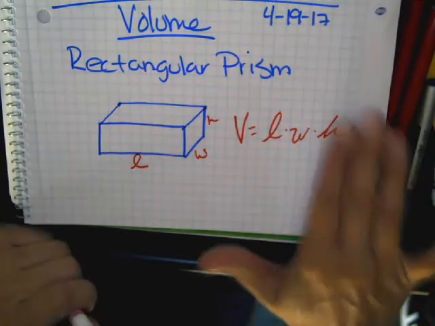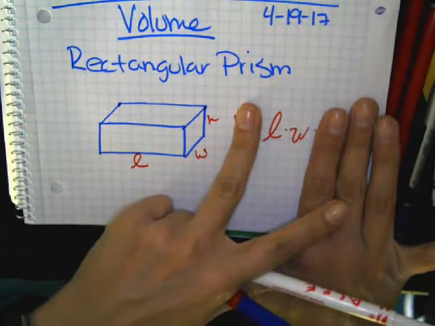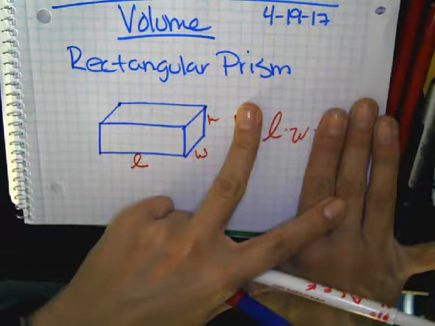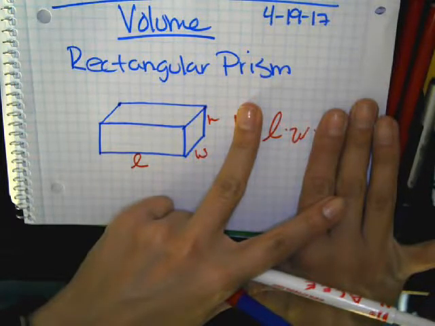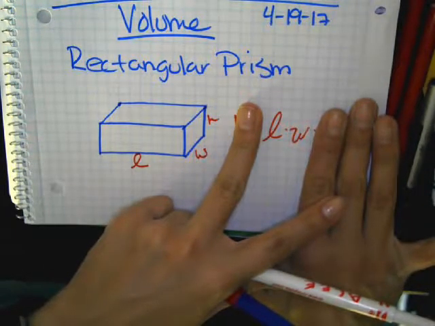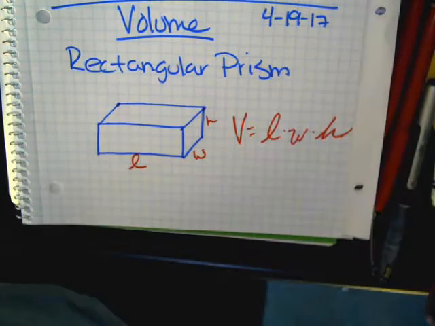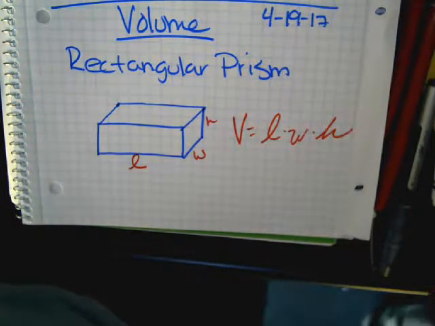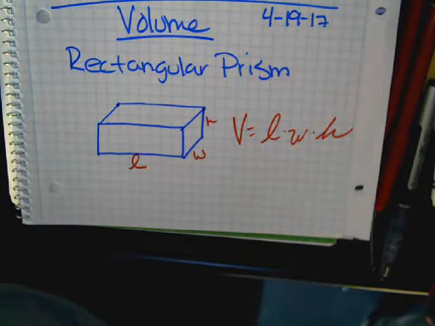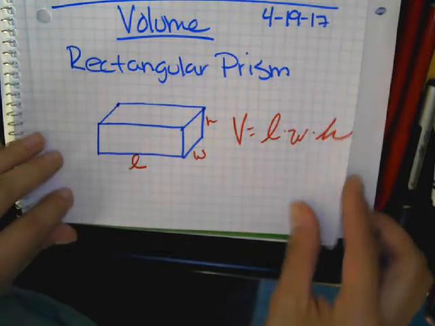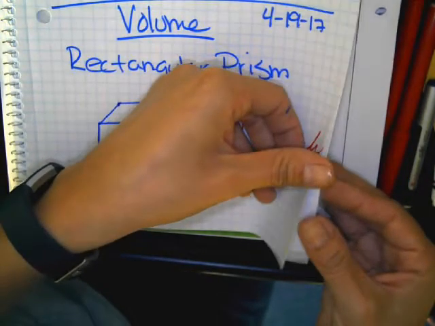Alright. If I just tell you length times width, what are you solving for with length times width? Area. So this is area, and then one more thing, times height. So it's length times width times height. Okay? We're good? So this is like your basic picture.